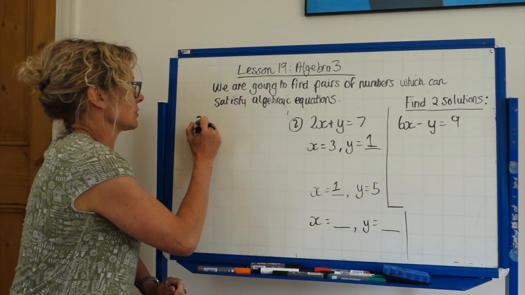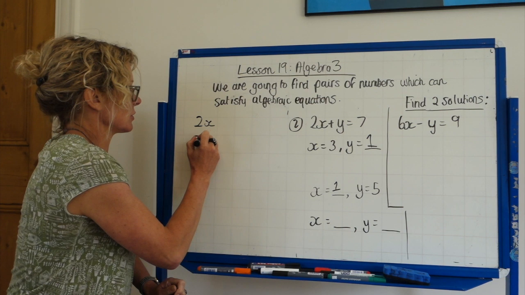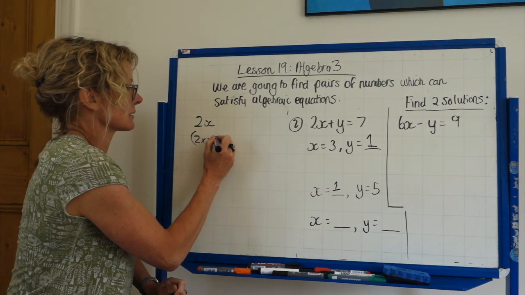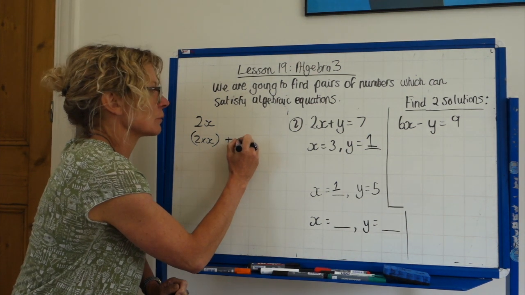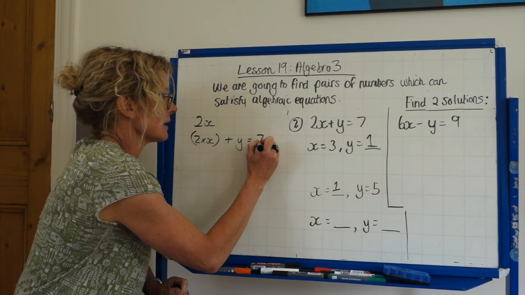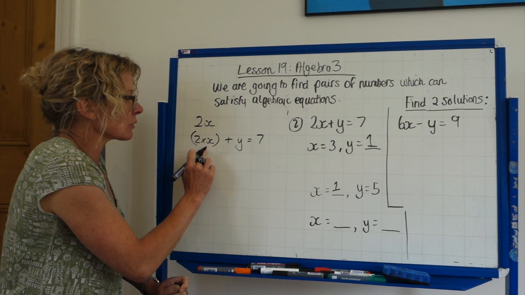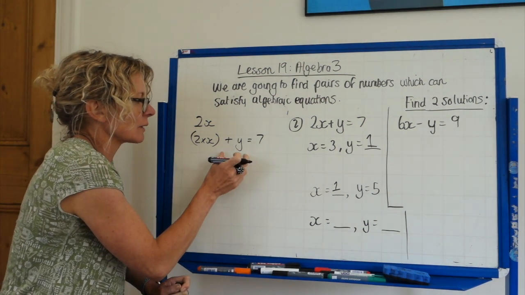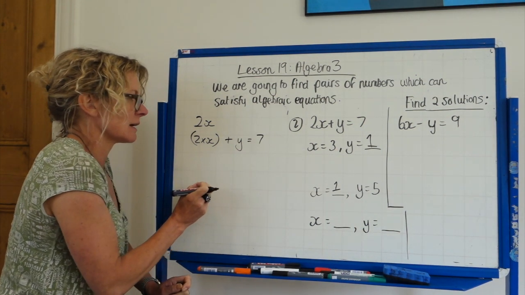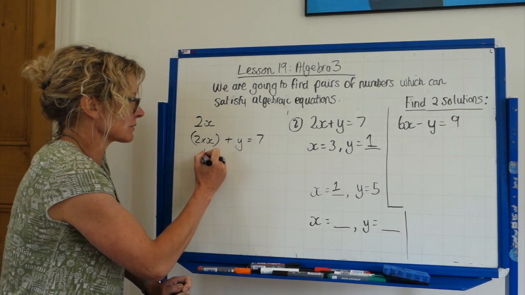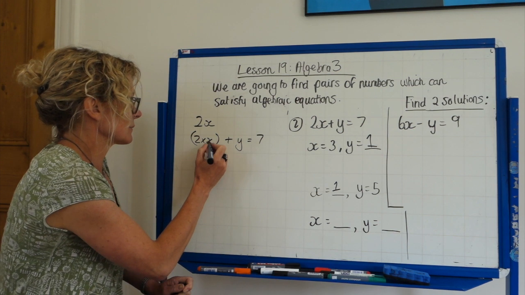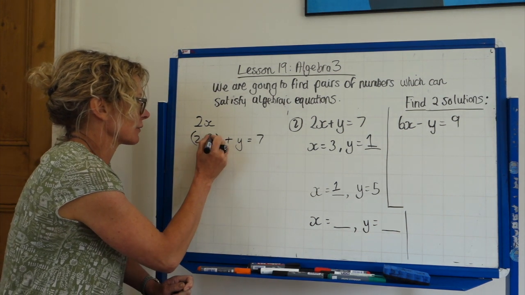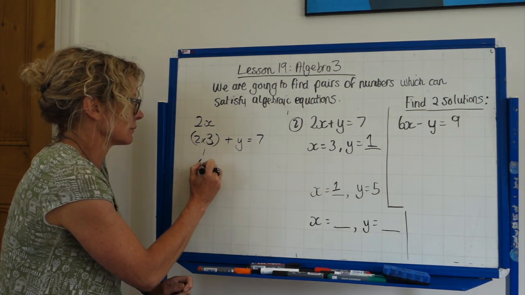Okay, so 2x, which is 2 times x, put that in brackets because that's separate really from the plus y equals 7. Okay, so what times x is going to allow us a little bit of something to make 7? 2 times, what should we say? 3. 2 times 3, so if we substitute that x for a 3, 2 times 3 equals 6.